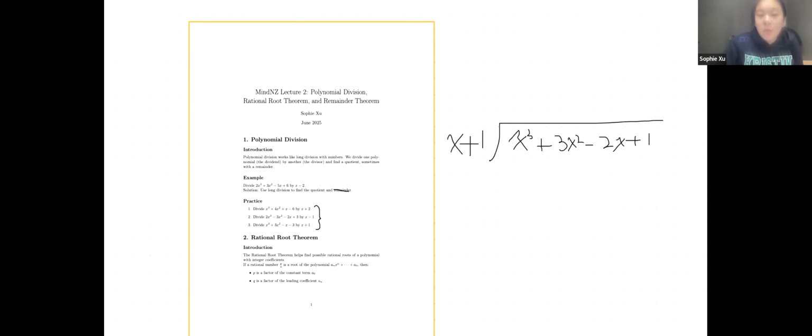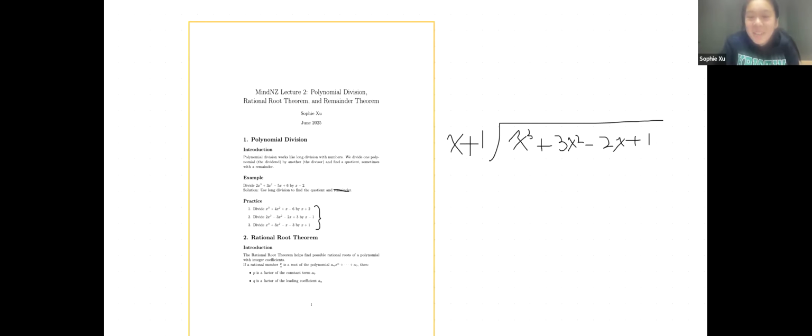So the first step is you take a look at these first two terms, and then how many x plus 1s can you fit into x cubed plus 3x squared? Wait, Isabel, did you just write that? Okay.